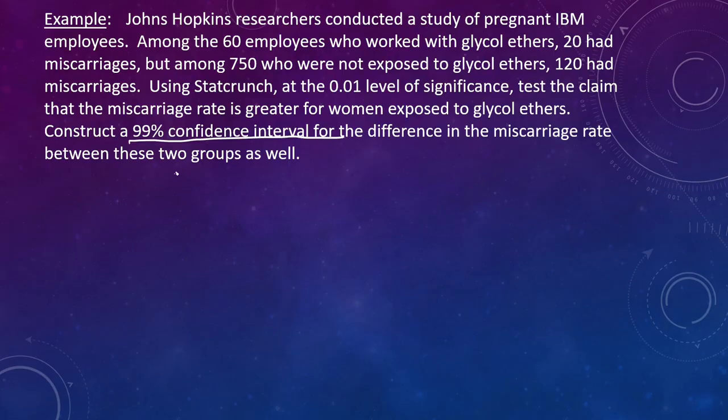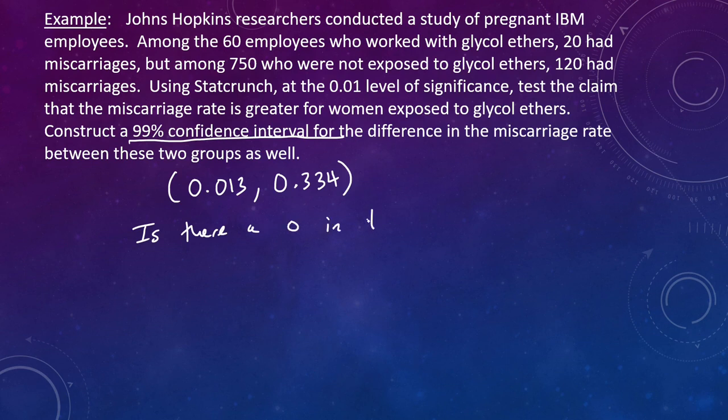From StatCrunch, we have the lower limit is 0.013 and the upper limit is 0.334. And then I'm going to ask myself the question again, is there a 0 in the interval?